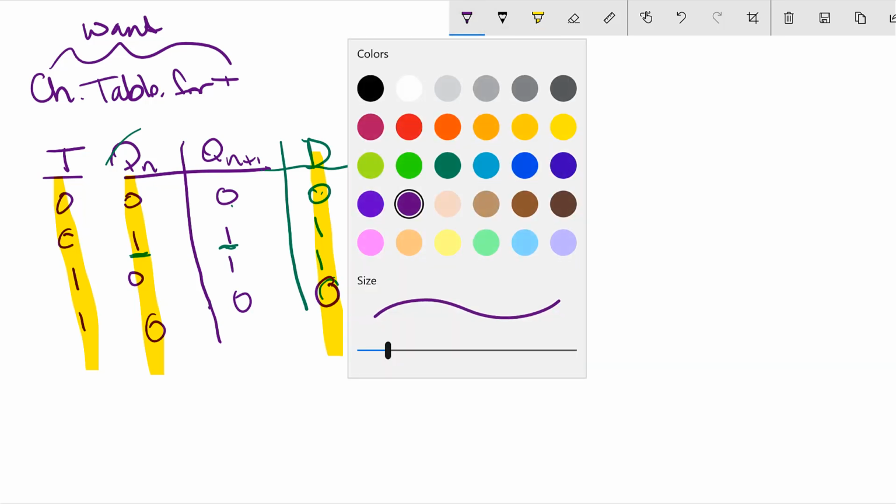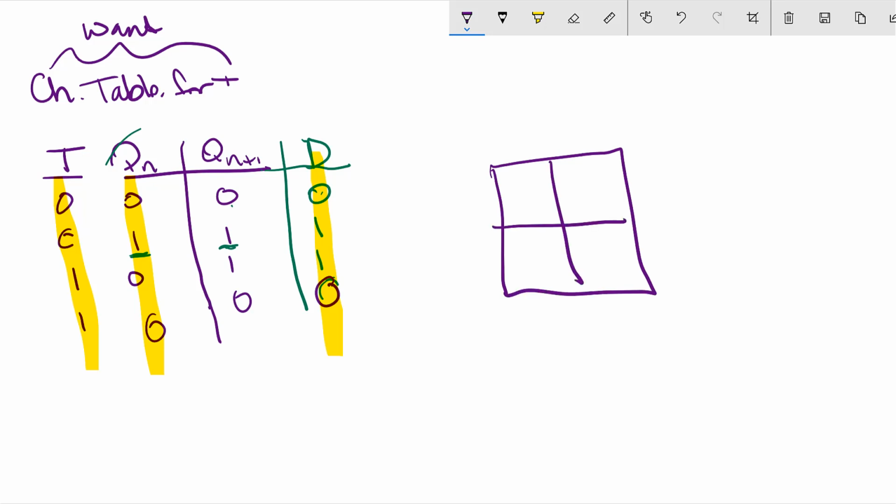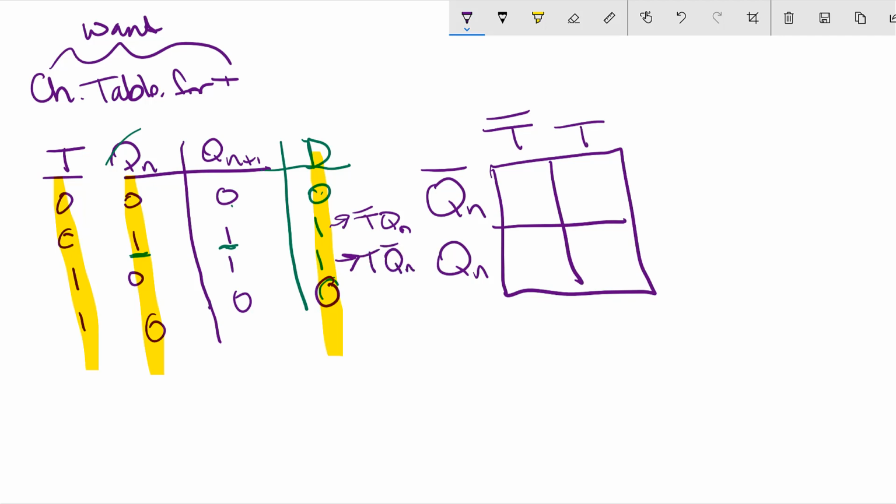We're gonna have Qn bar, Qn, T bar, T. Okay, so when does 1 happen? 1 happens at T and Qn bar, and it happens at T bar and Qn.